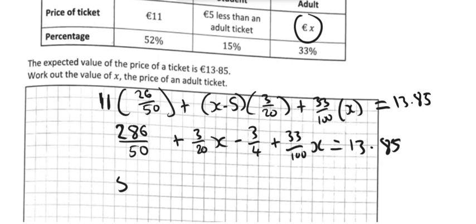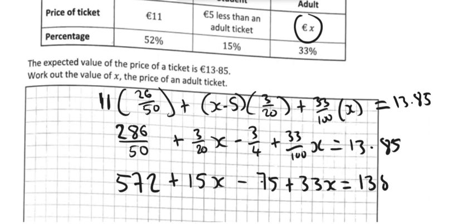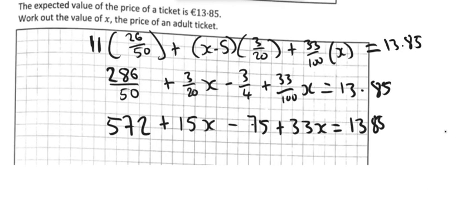So 572 plus, if you times that by 100, it cancels out with the 20, so you get 15, so you get 5 times 3 is 15x minus, oh no, sorry, it will become 25, so minus 75 plus 33x is equal to, then times that by 100 is just 1385. 33 and 15 will be 48.